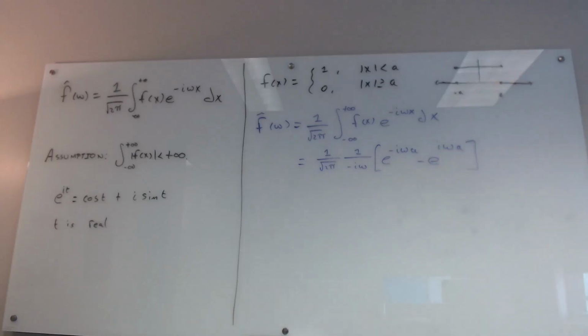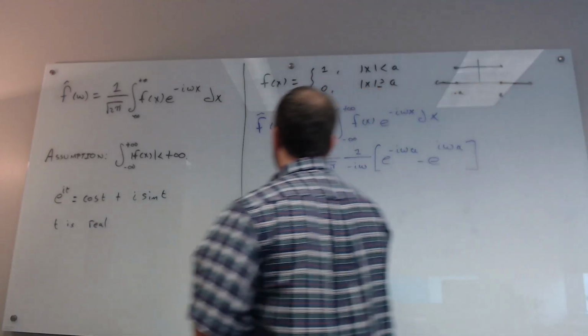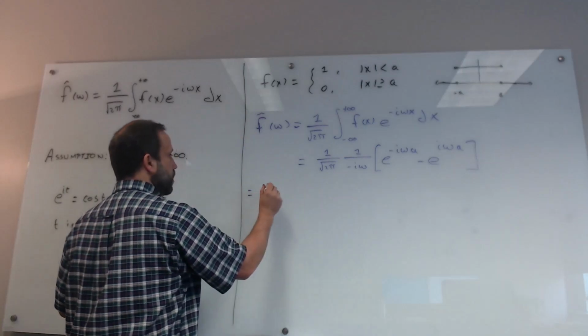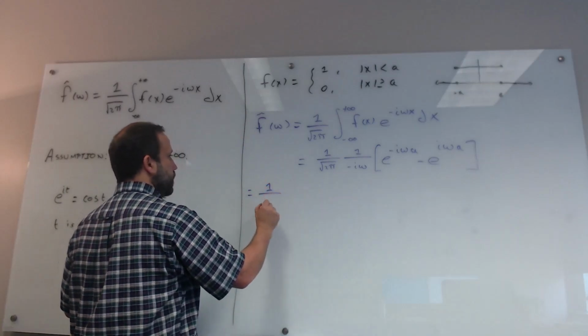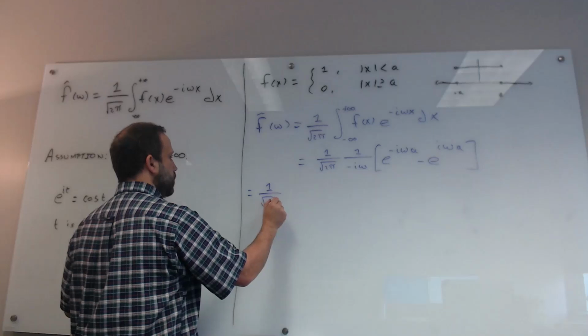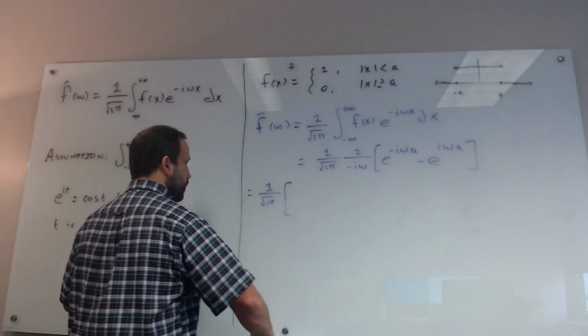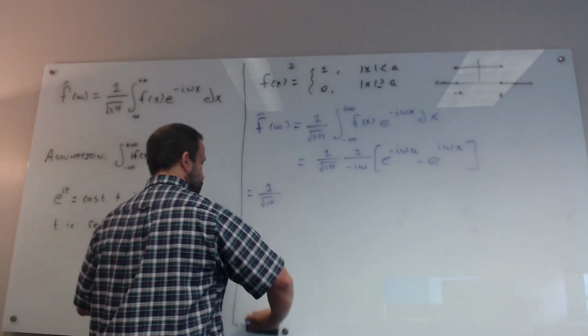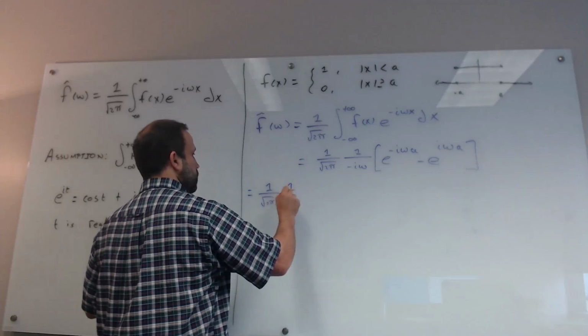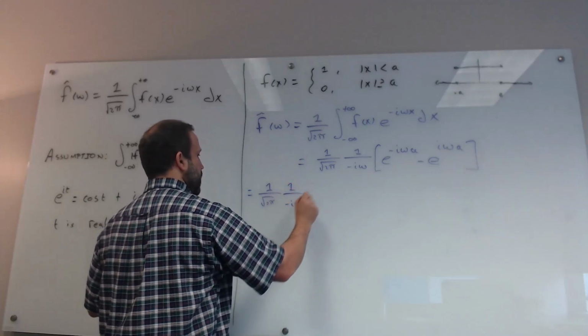So this right here is a formula that we can use to write these complex exponentials in terms of cosines and sines. And so that's what we're going to do now. I'm going to have to unfortunately scoot over a little bit to the left. So we're going to have 1 over the square root of 2 pi. Forgot the minus. 1 over minus i omega.